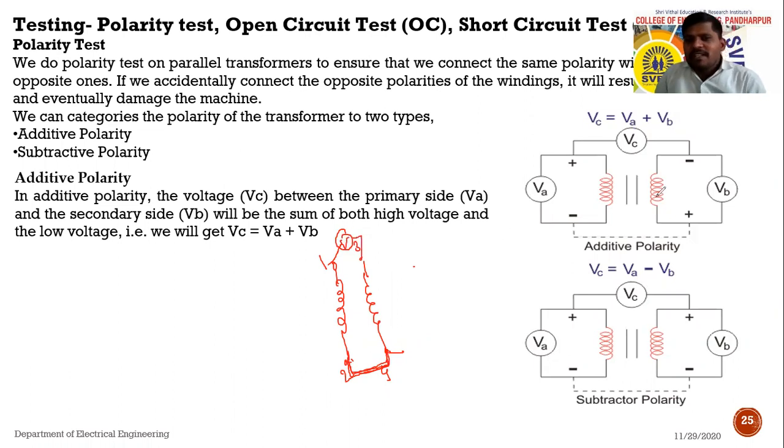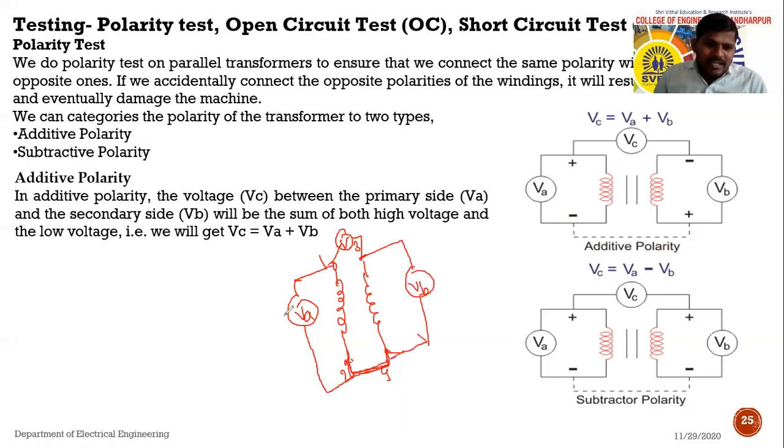On the remaining two terminals, we are connecting a voltmeter, and now we are applying voltage to the two sides. Okay, the voltage at the primary side we represent as VA, and the voltage at the secondary side we represent as VB, right? So the voltage at the primary side is VA, and the voltage at the secondary side is VB.